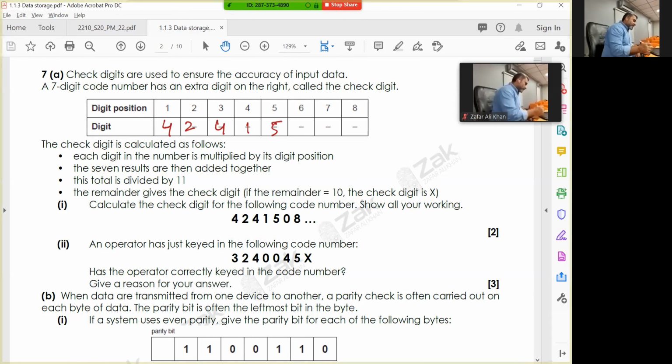So every single digit in this number will be multiplied by its location, digit position. And then the results will be added together.